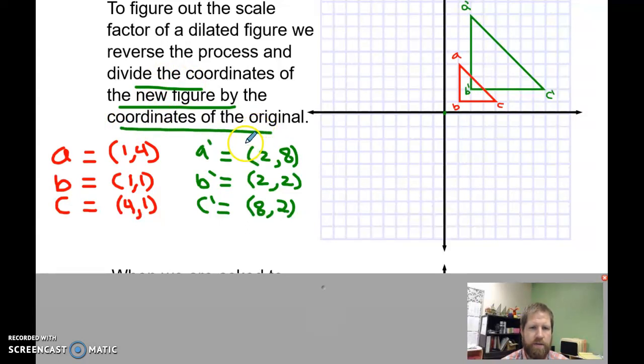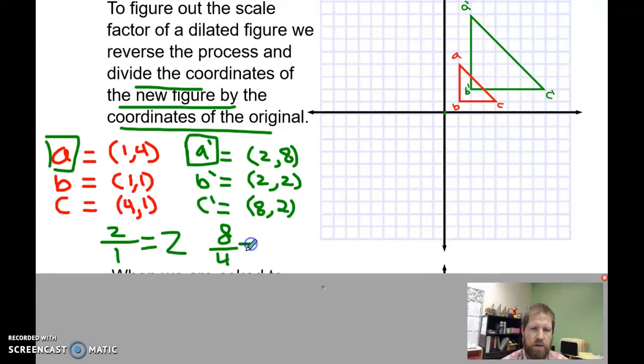So I take one of these coordinates, my A prime, and divide its x value by the x value of my original point. I have a 2 here, a 1 there, 2 divided by 1 equals 2. Same thing with the y value: 8 divided by 4 simplifies to 2 as well.